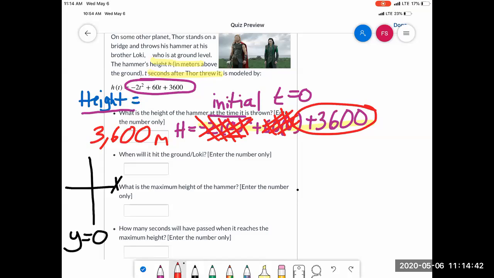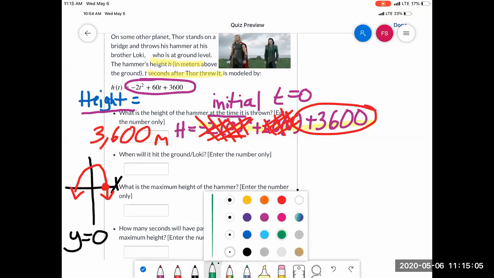If I graphed this equation, and you could do that on Desmos real quick, it will show you what that x-coordinate is. So graphing this is definitely one way you could solve it, and I will show you how to do that in just a moment. Another way is by using the quadratic formula that we learned last week, and that's really good when we don't have a graphing tool.